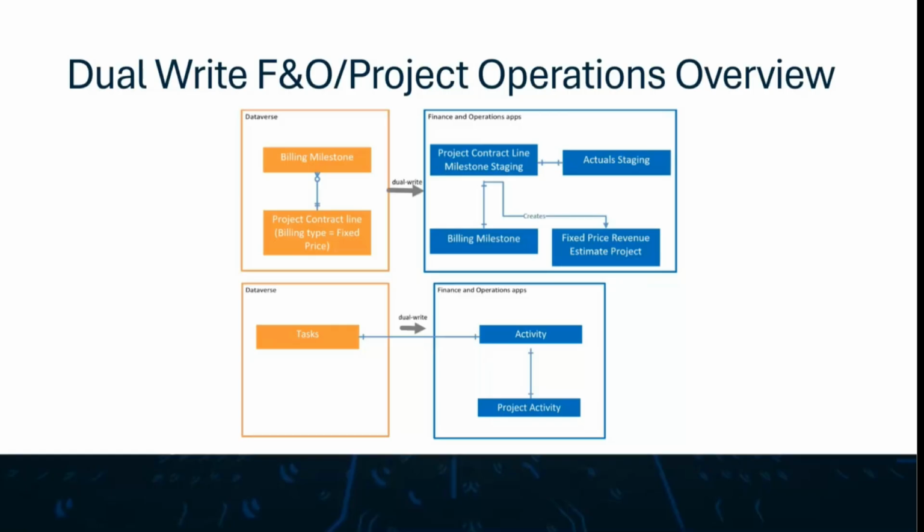So all of this is controlled by the project managers that are using project operations. They mark a transaction saying it's ready for invoice or ready for recognition, and then that updates the proper transactions over on the F&O side of things where accounting personnel can continue the process and take it to the finish line.